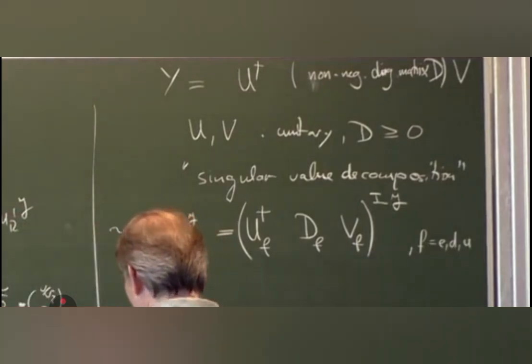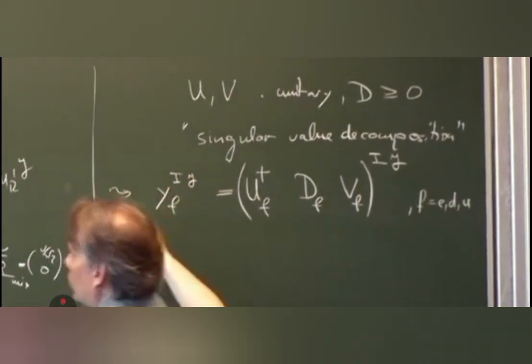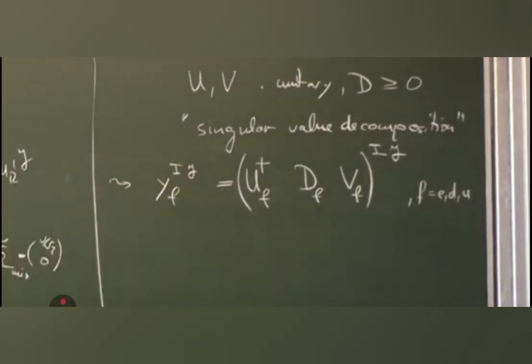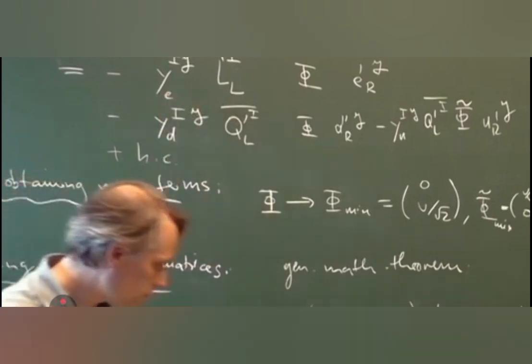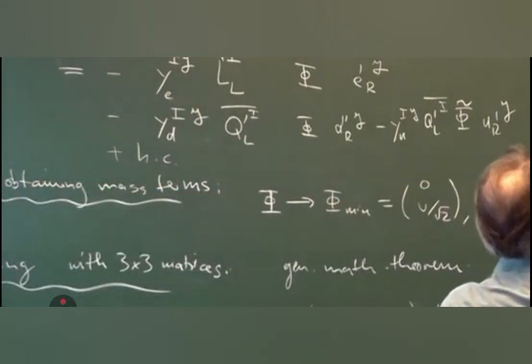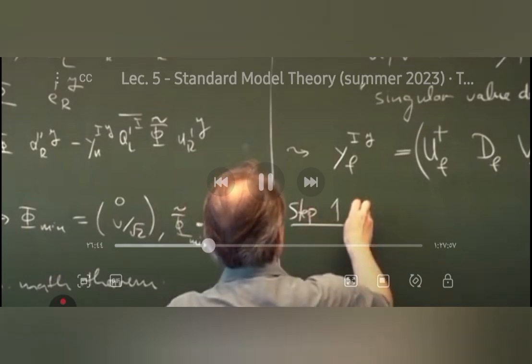And then let's understand the Lagrangian using this decomposition. All the fermions behave in analogous ways, so let's look at one of them. Let's look at the leptons, and for the quarks it works then in the same way. So let's start with one step.